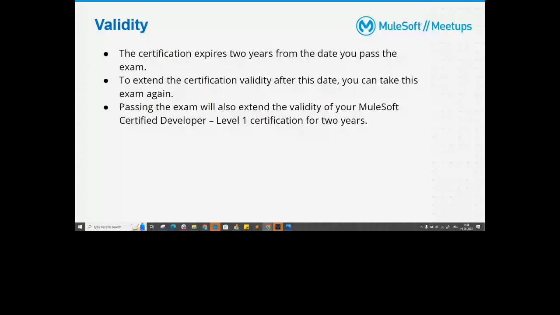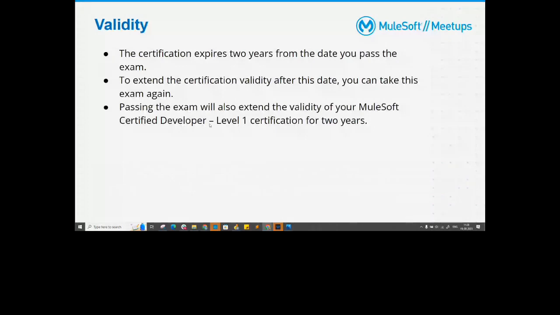However, the plus point is that passing this exam will also extend the validity of your MuleSoft Certified Developer Level 1 certification for the next 2 years. So if you are focused on L2 certification, then don't worry about the renewal of your L1 certification. It will automatically get renewed after your L2 is renewed.